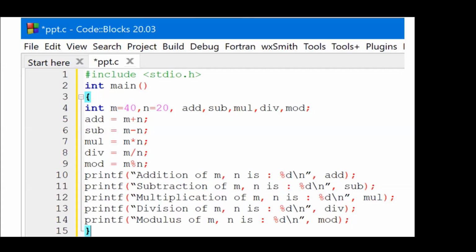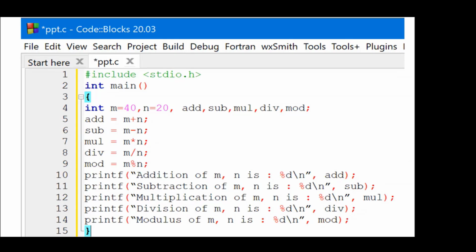That is where we have the printf, which we all know is an output function, which is used to display the addition of m, n is, then it will give you the value.